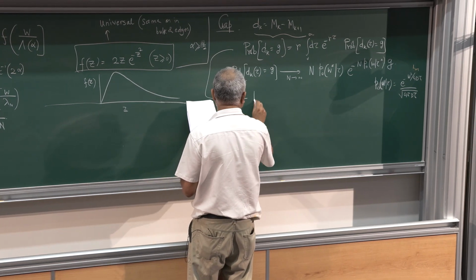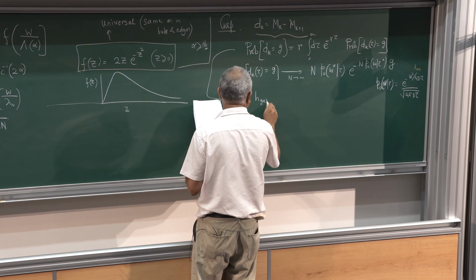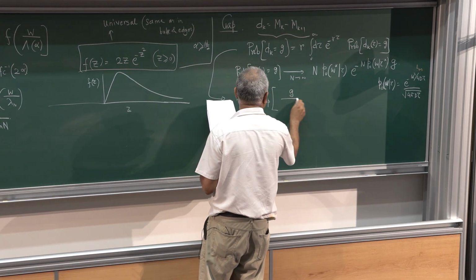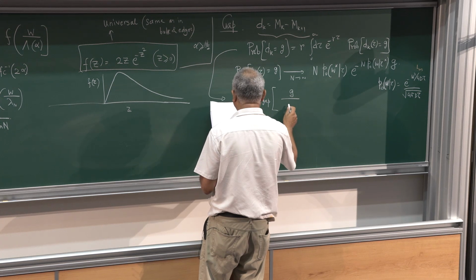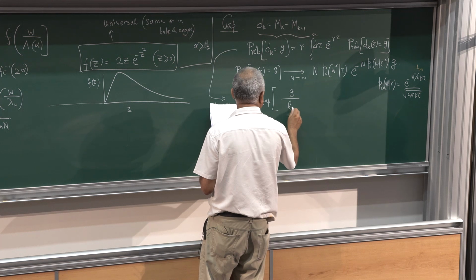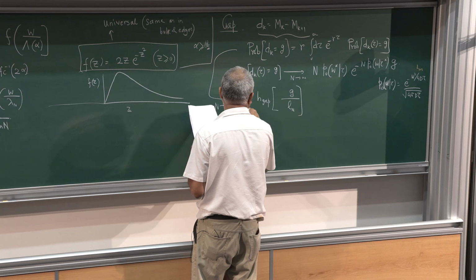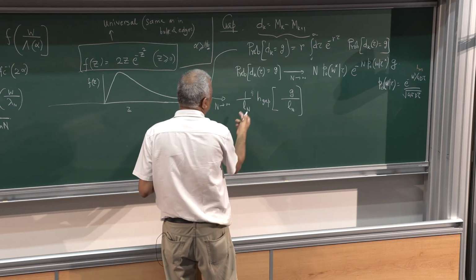Again, there is some scale here, which I'll write as ln maybe. So this scaling form is needed to normalize.